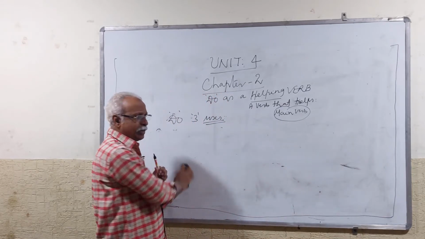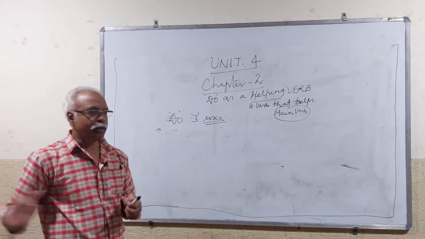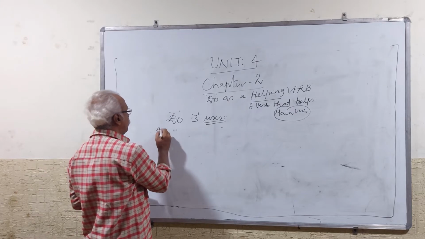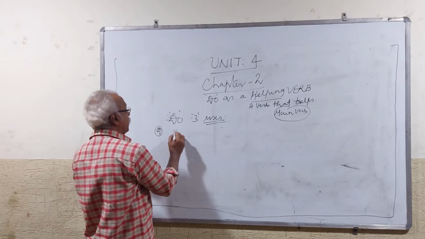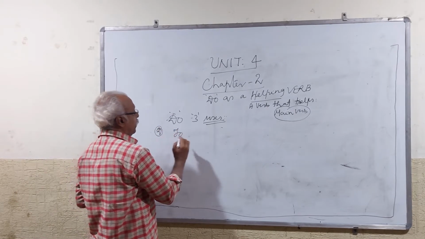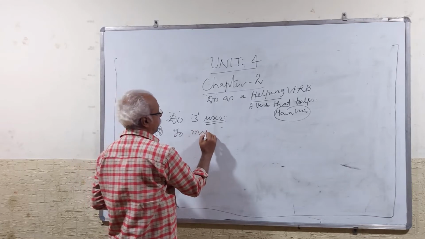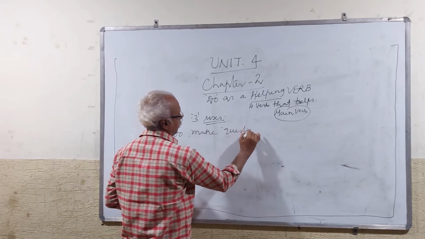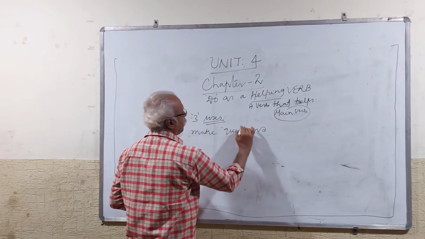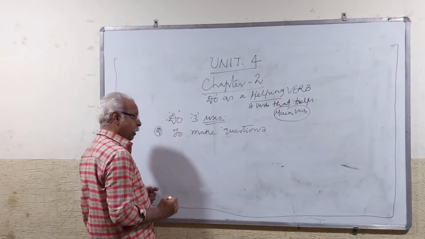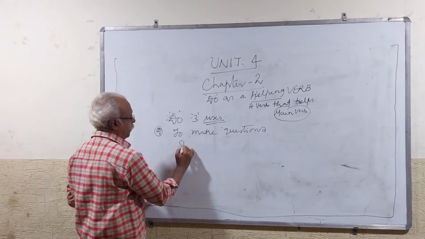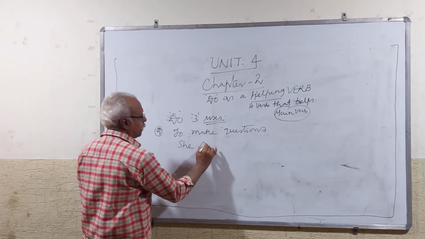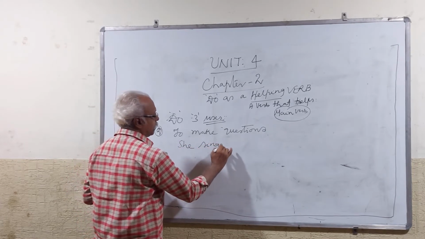Next, its second function we are going now. Function means here in this context work. Second function of do as a helping verb is to make questions. How? She sings.